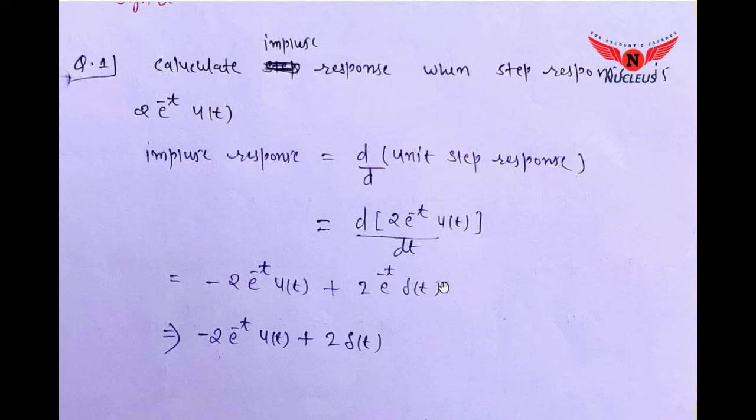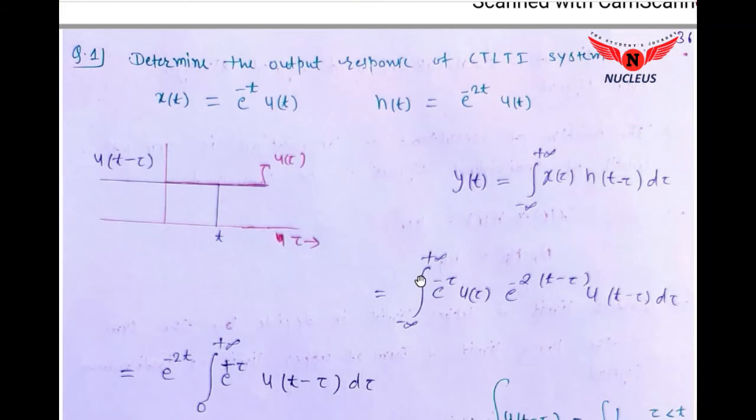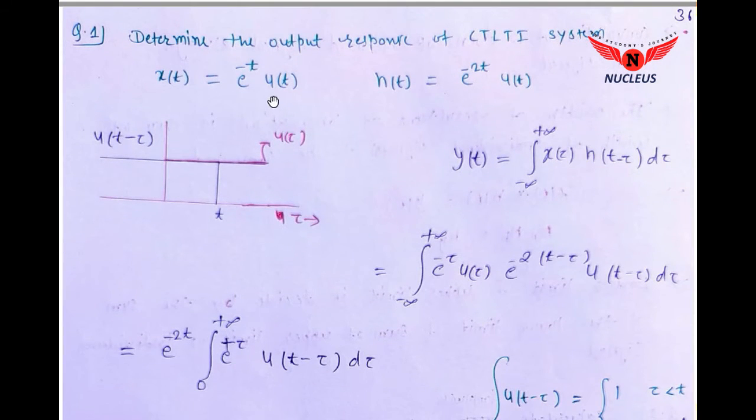We already discussed the delta function property in the first video. Next question: x(t) is given as e^(-t)u(t) and h(t) equal to e^(-2t)u(t). You have to find the convolution of x(t) and h(t).